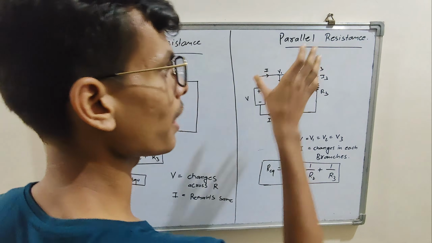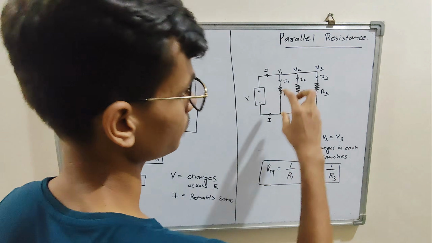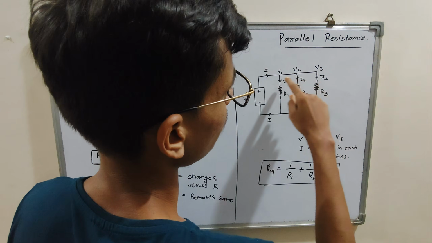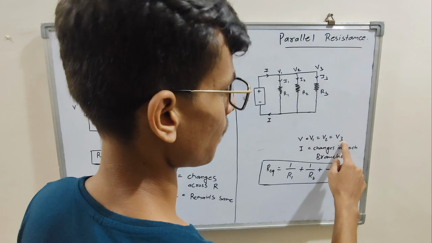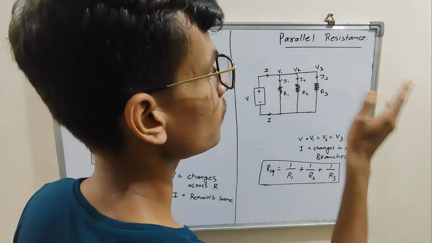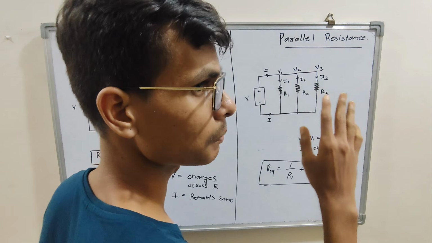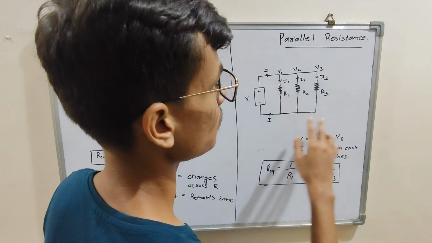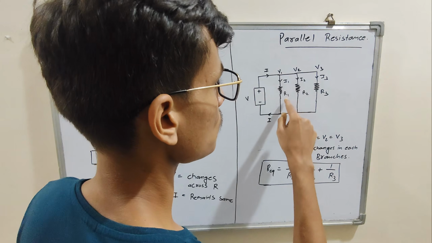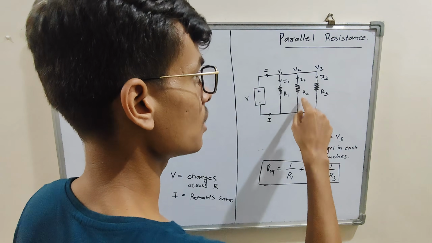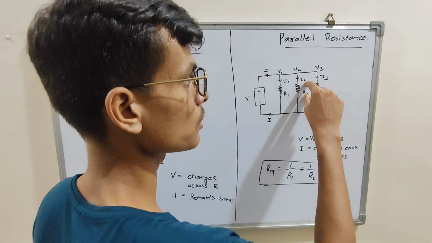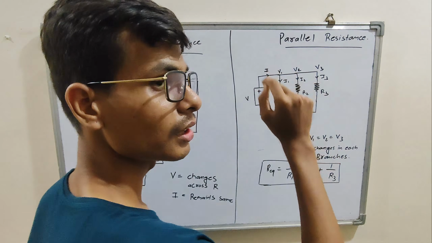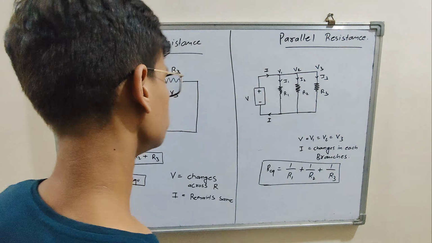But when we are talking about a parallel resistance combination, the value of voltage, that is V1, V2, V3, across each of these resistors will be the same, but the current will be distributed differently on different branches. So the value of current in a particular branch totally depends on the value of the resistor that is connected to that particular branch.